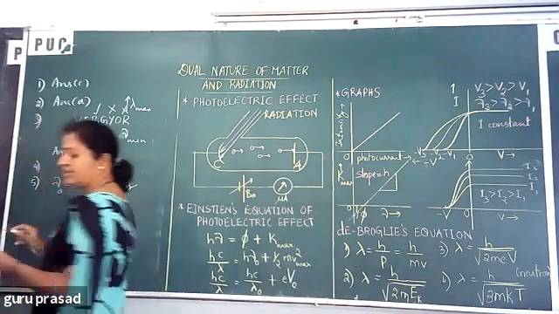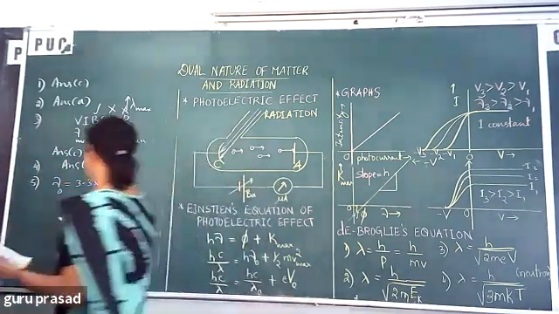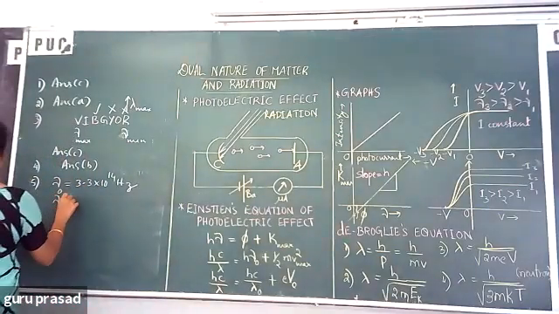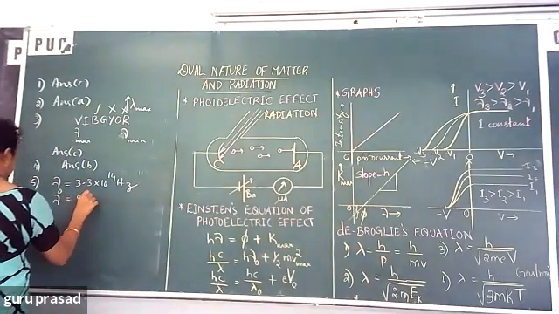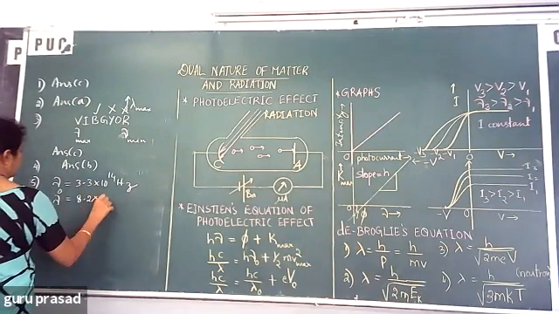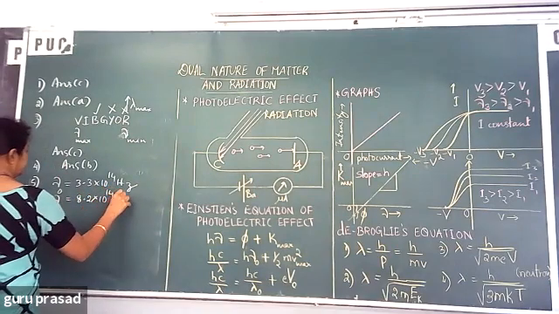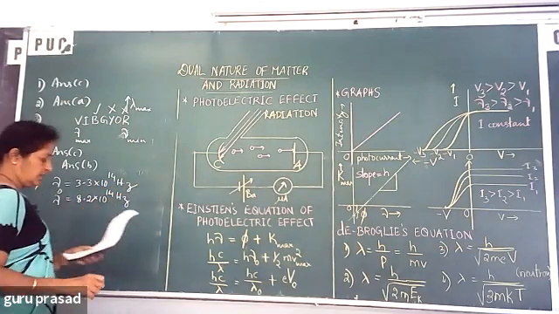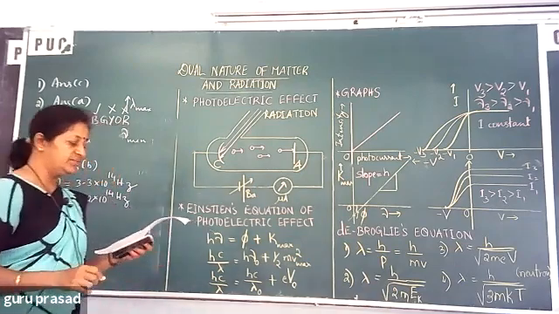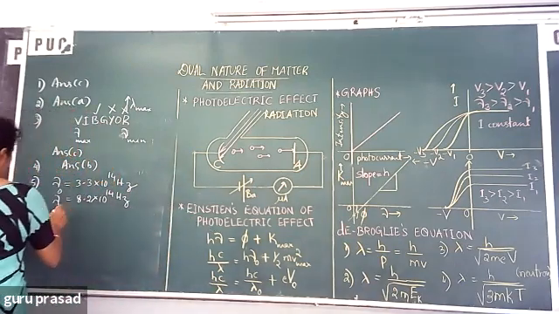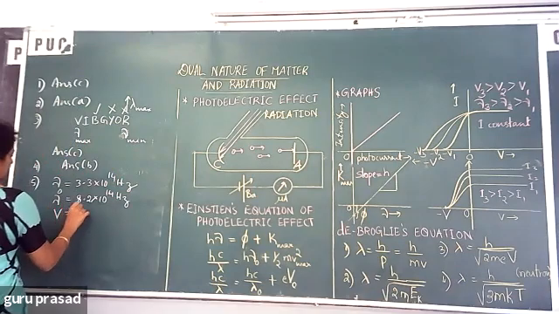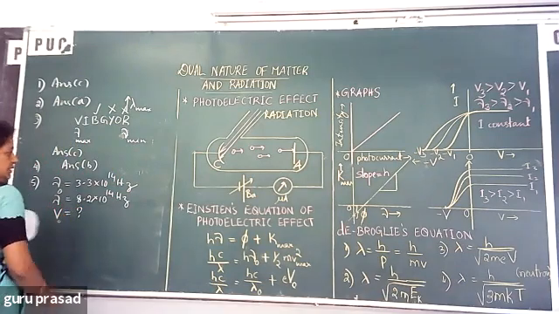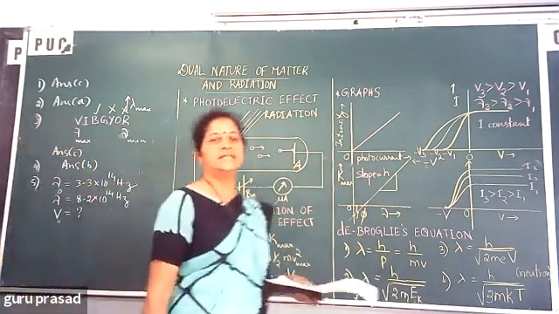If the incident light's frequency nu is 8.2 into 10 power 14 hertz, then what is the cutoff voltage, V naught?